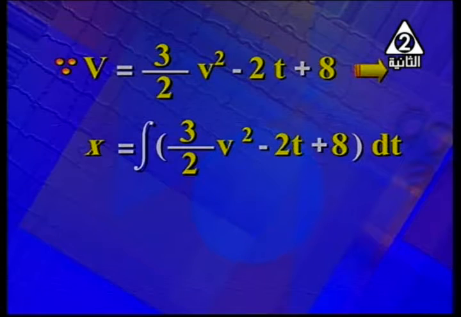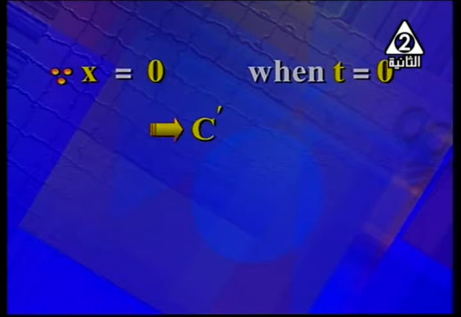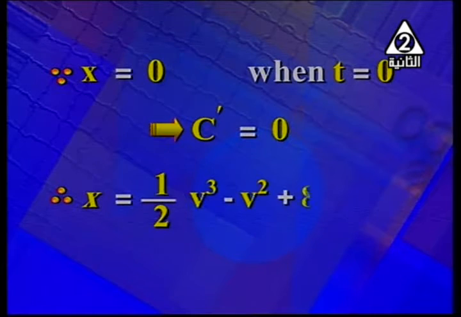by using integration, look at the distance x, the integration of 3 over 2 t squared minus 2t plus 8 with respect to the time t. Answer is half t to the power 3 minus t squared plus 8t plus c dash, and by using x equals 0 when t equals 0, we find c dash equals 0.